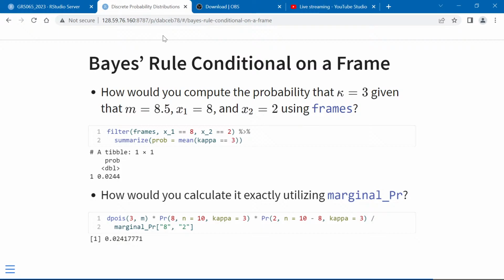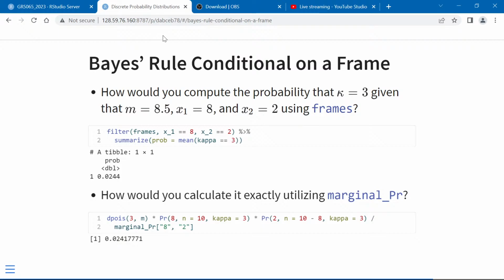Okay. Poisson probability of 3, given the expectation of m can be 8.5, times the conditional probability of knocking down 8 pins on the first roll of a frame of bowling, given that kappa is 3, times the conditional probability of knocking down 2 pins on the second roll of a frame of bowling, given that 2 pins were available to be knocked down and that kappa is 3, all divided by the marginal probability of knocking down 8 pins on the first roll and 2 pins on the second roll, irrespective of kappa.